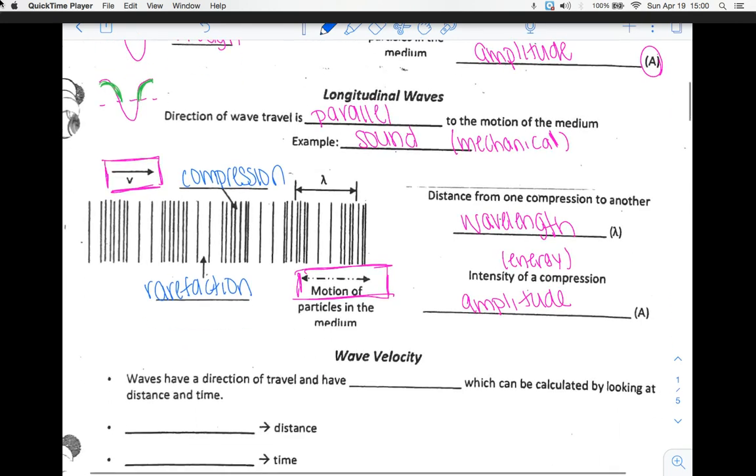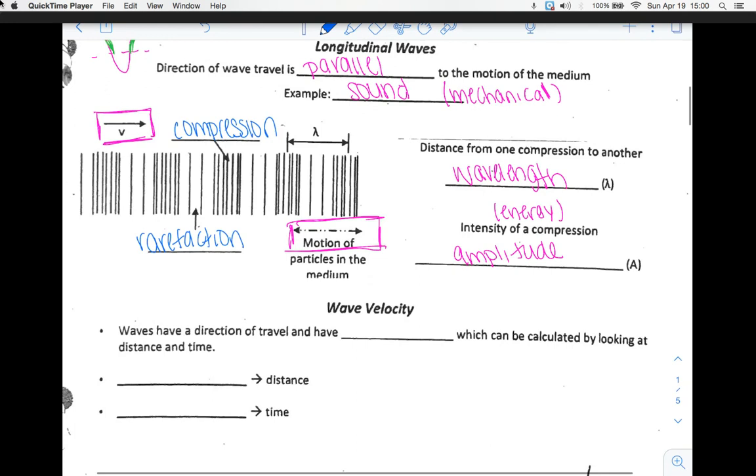So now we're able to do some solving of some missing things that we have. When we talk about waves, waves have a direction of travel, and they have a velocity. If they're moving, they have a velocity, which can be calculated by looking at distance and time. So we already know the very first equation that we ever learned is v equals d over t. We said your velocity is equal to your displacement over your time.